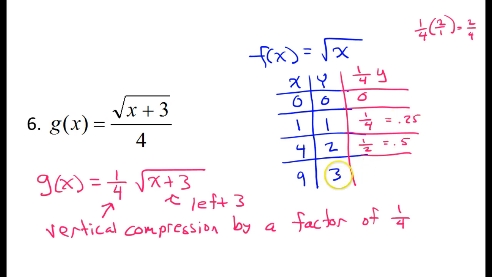And then 1/4 of 3, well, that's 1/4 times 3, that's 3/4, which is 0.75. So these are my new y values. Okay, they are tiny.